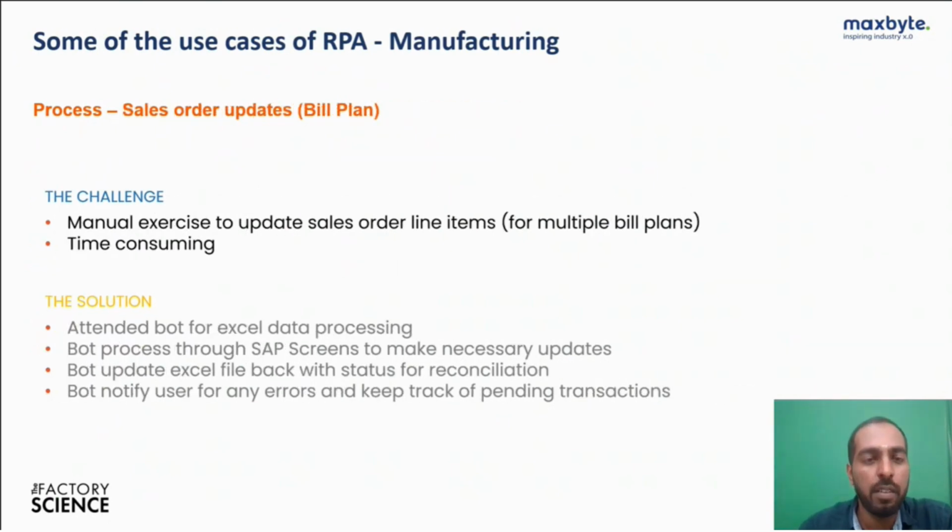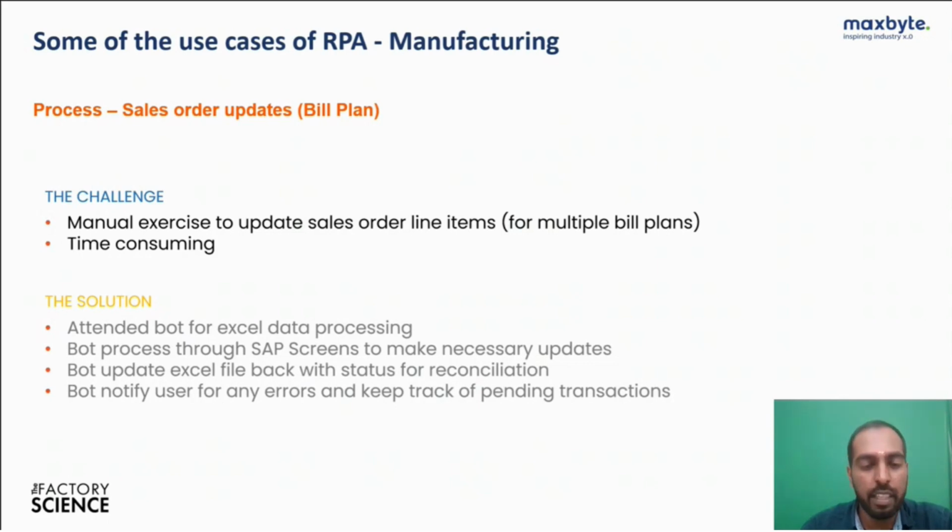Here is another example, for sales order updates. In the case of a sales order with multiple bill plans, one person needs to enter all those bill plans in the sales order line items, which is a very time-consuming process. Using an unattended bot, from Excel we can directly update these sales order line items automatically.